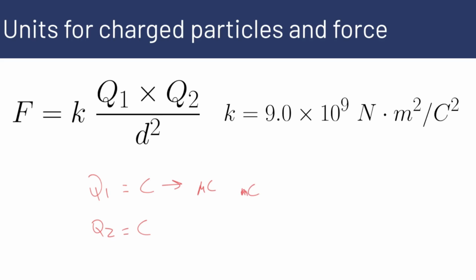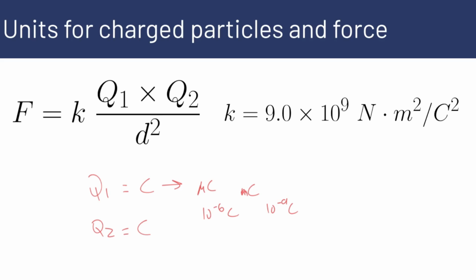A microcoulomb is 10 to the minus 6 coulombs. A nanocoulomb is 10 to the minus 9 coulombs. We rarely ever see a full coulomb because that's a lot of charge.